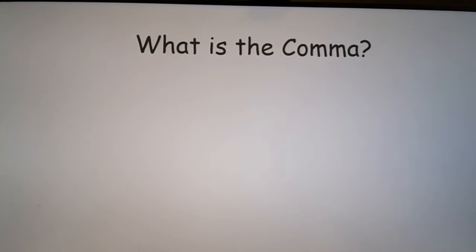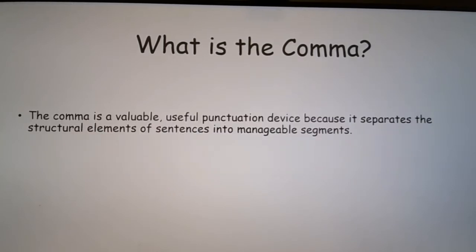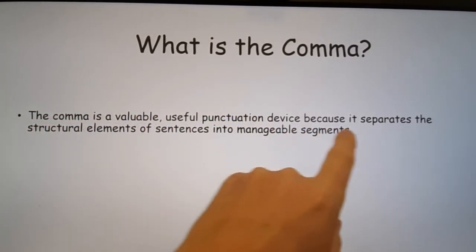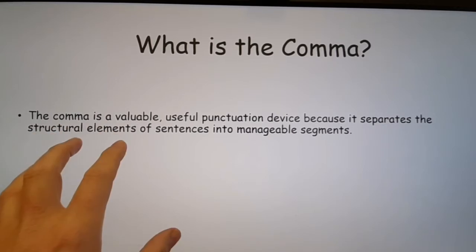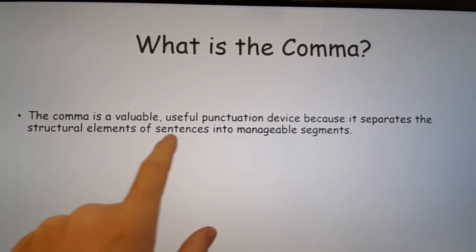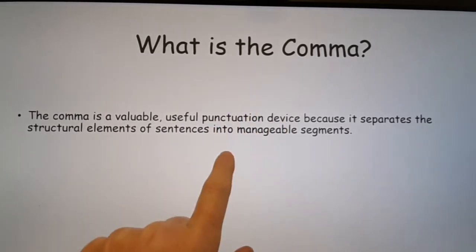All right, so let's have a look here. What exactly is the comma? Well, we know it's a valuable punctuation device because it separates all those elements, those structural elements in the sentence. Everything becomes manageable.